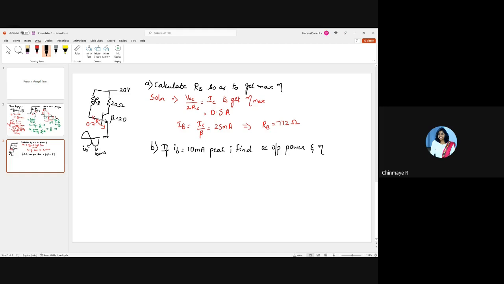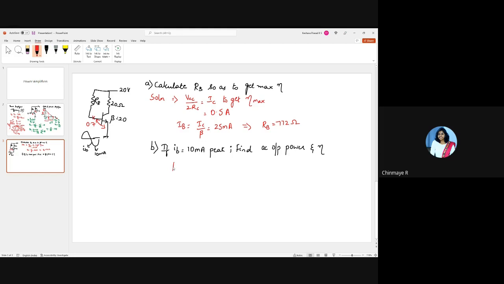You already know what's the input DC power, right? So it will be 20 volts into IC, VCC into IC, where IC is 0.5 amperes. So you know what's the input DC power now. If I give a signal at the input such that IB peak is 10 milliamperes, you have to find the AC output power and the efficiency.